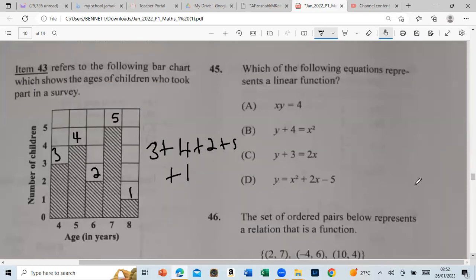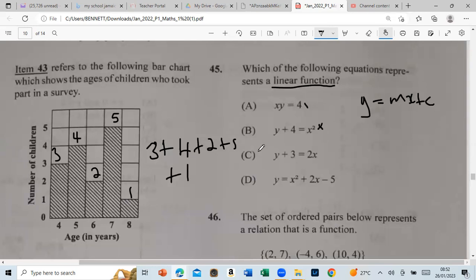Which of the following equations represents a linear function? Now, every linear function is in the form y equals mx plus c. That's a straight line graph, and that's what this means, right? So that's not this, because it has a square in here.